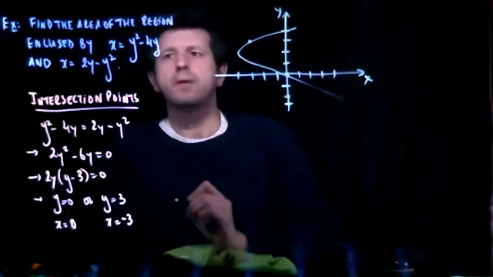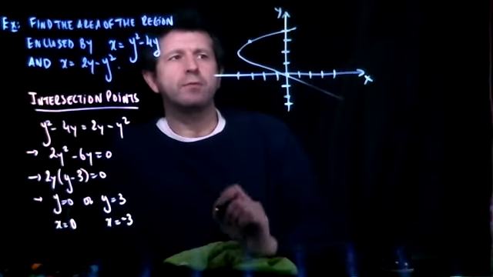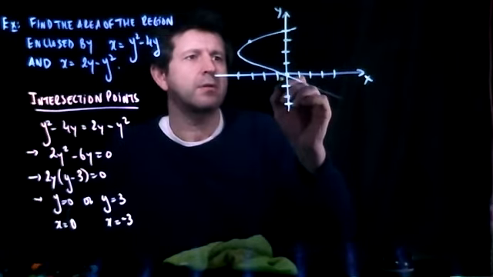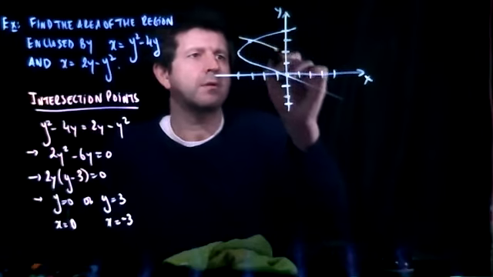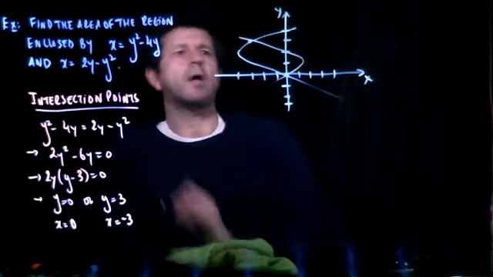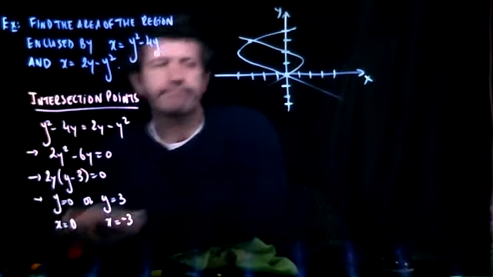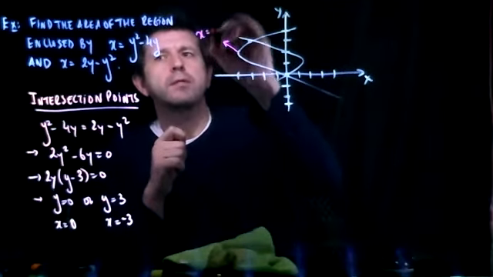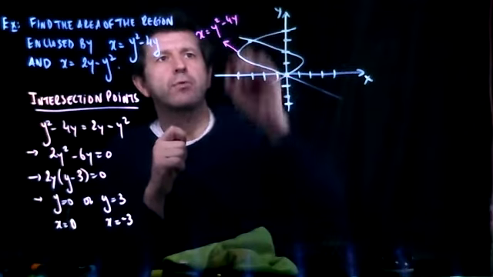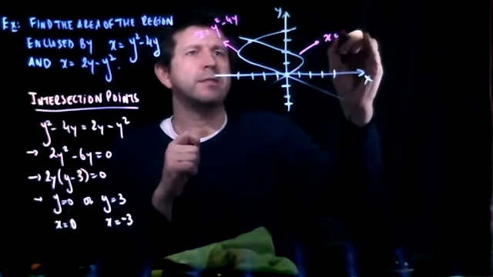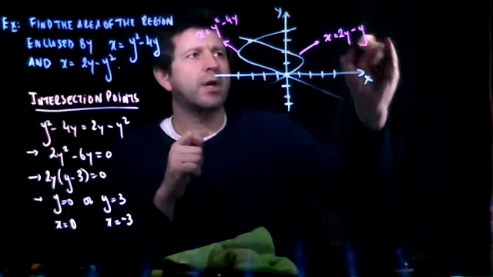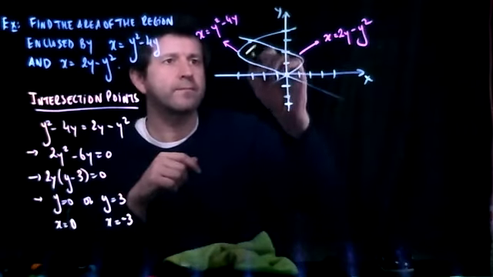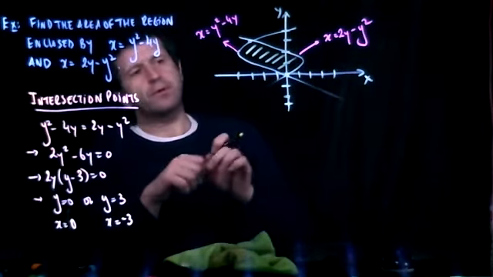And the other one will look like that. So x is equal to y² minus 4y. This is x equal to 2y minus y². This is the region that I want.